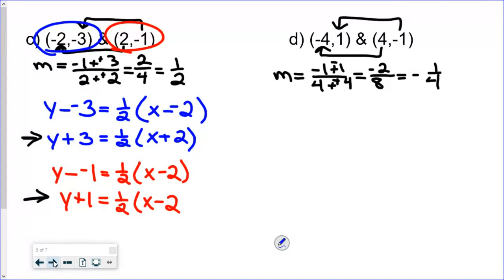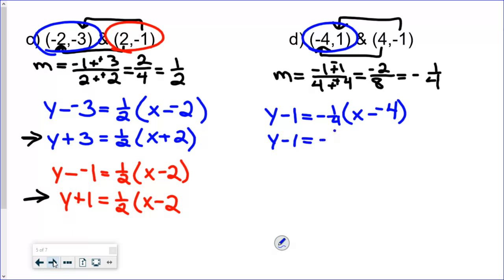And now I'm going to do the same thing. What if I chose point 1? Y minus 1, my slope. Oh, that's a 4th, isn't it? Sorry about that. So it's -1/4. X minus my x value. I look for zeros and I look for negatives. I see a minus and negative here.